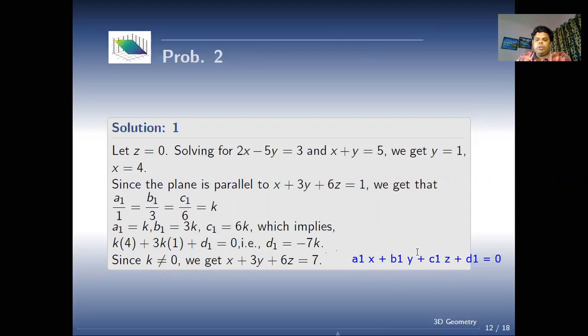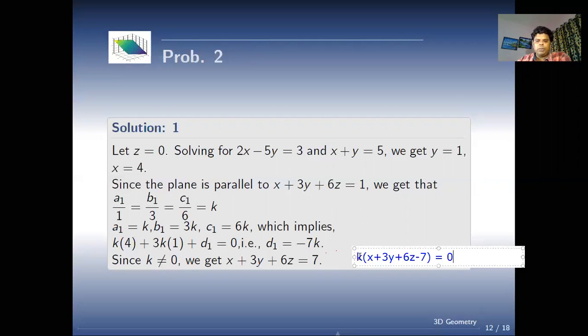And k is not equal to 0, so I can pull k out of all of this. It will become k times x plus 3y plus 6z minus 7, and this whole thing should be equal to 0.